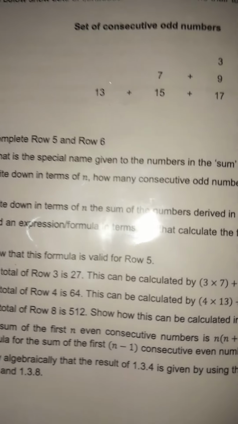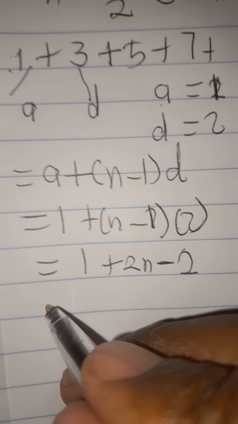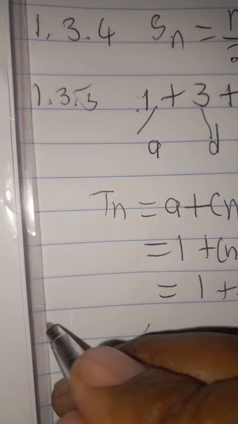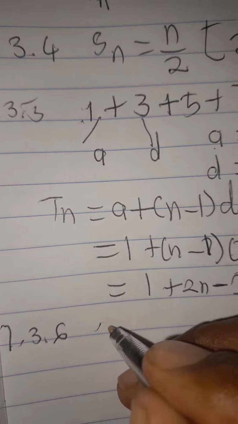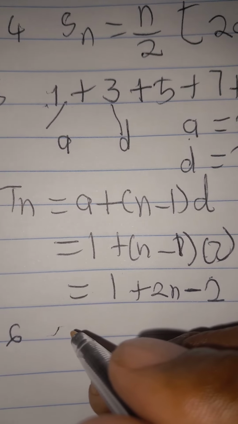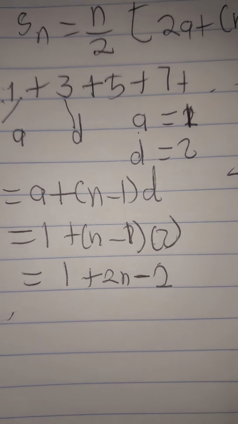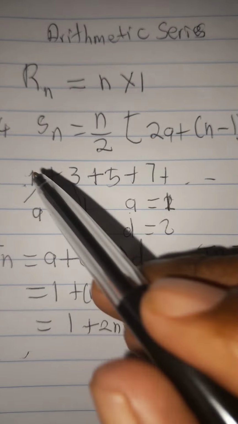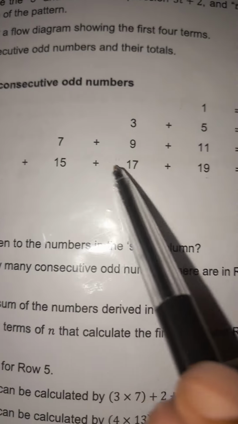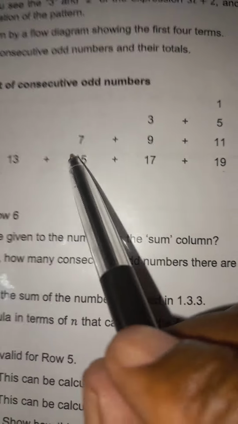Now at 1.3.6, we need to show that the formula is valid for row 5. What we could do, since we need to see that the formula is valid, is count from the numbers that we had here: 1, 2, 3, 4, 5, 6, 7, 8, 9, 10.